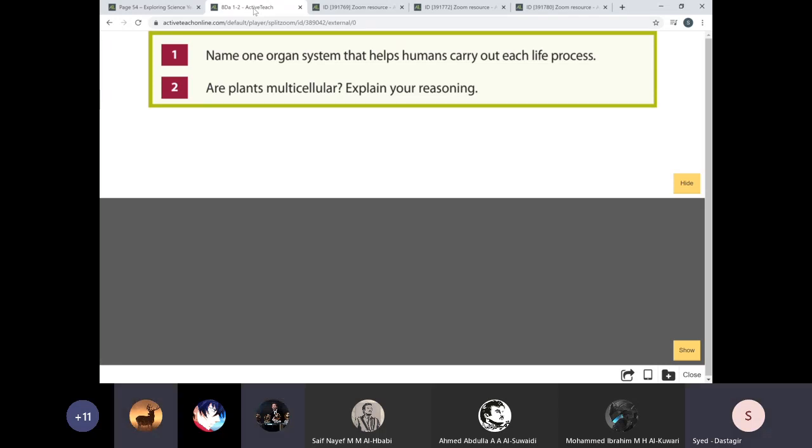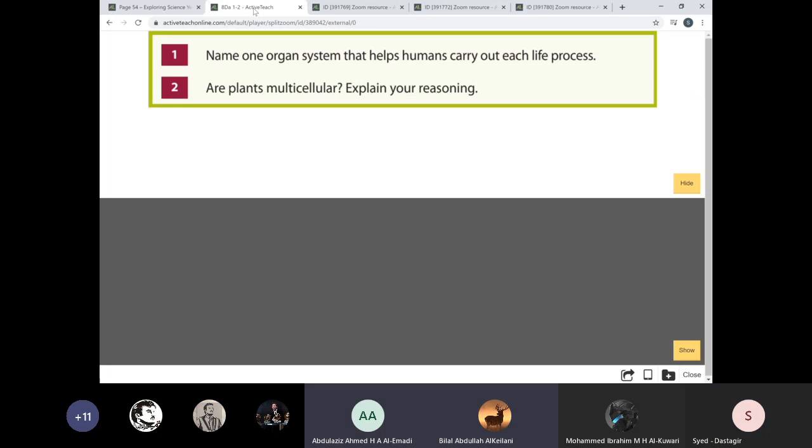Anyone else? Yes, go on. Because they need more than one cell for respiration. Okay, good. So plants are actually multicellular.